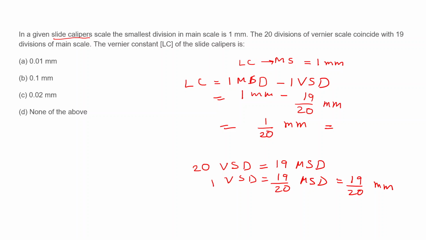Yeah, so 1 divided by 20, sorry, it's 0.05. Did I make some mistake? Can anyone see and tell me?